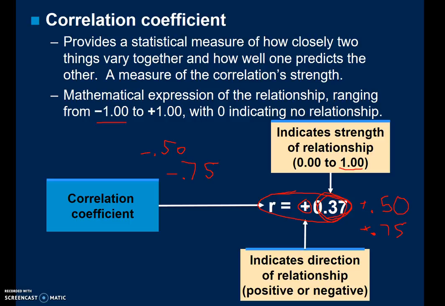That's just telling you if it's negative or positive. It's really the number itself that we're interested in when looking at the strength. The closer it is to negative 1, the stronger it is. The closer it is to 1, the stronger it is. Negative 0.75 and plus 0.75 have the same strength. The only difference is that one indicates a negative relationship and the other a positive relationship, but they're the same strength.